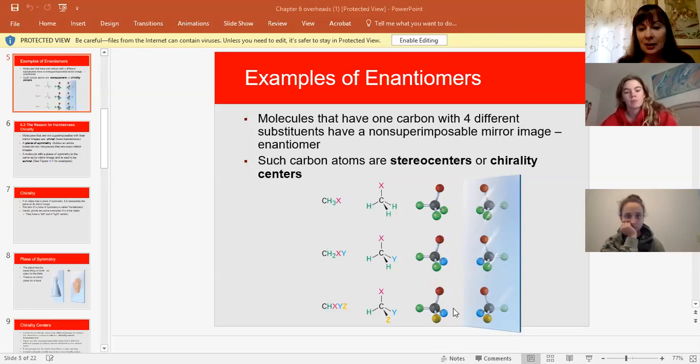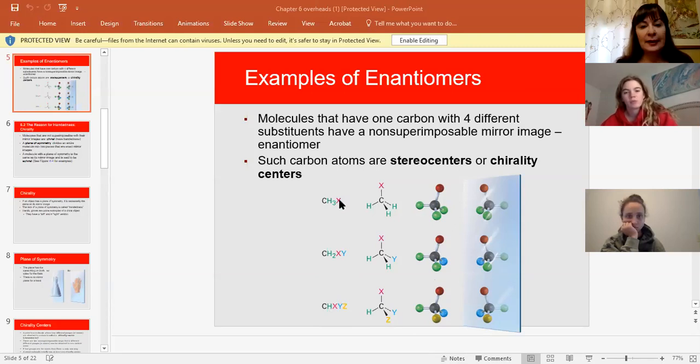Chiral carbons are the ones that allow you to have 2 different mirror image forms of a compound. So a compound like this will have 2 enantiomers. This is one enantiomer, this is the other enantiomer. Can you guys see that?